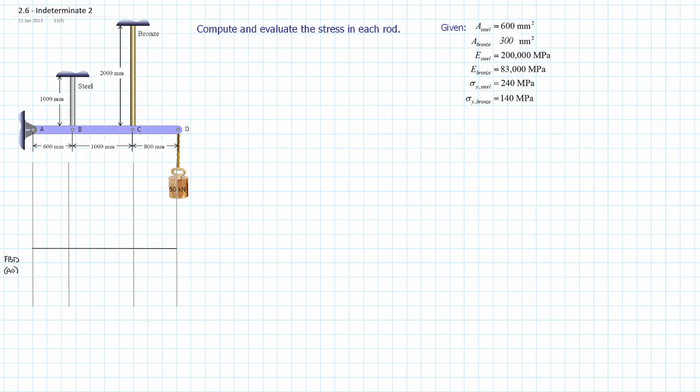What we want to do is figure out what the various stress levels are in the steel and bronze rods. When we look at this, it's going to very quickly become apparent that we have more possible reaction forces than we have equations of static equilibrium, and so it's going to be statically indeterminate.